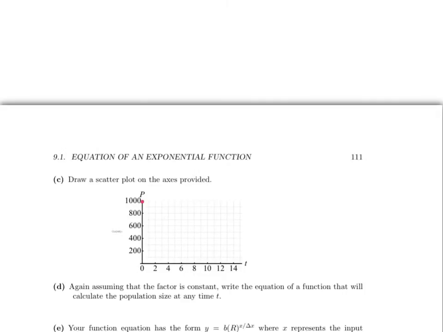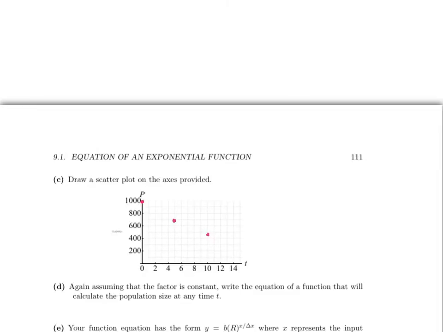By time 5 years, our population was down to 700 individuals, so that would give us a data point approximately there. After 10 years, we were down to 490 individuals, which would put us right about there.